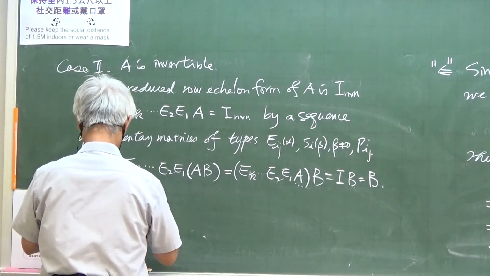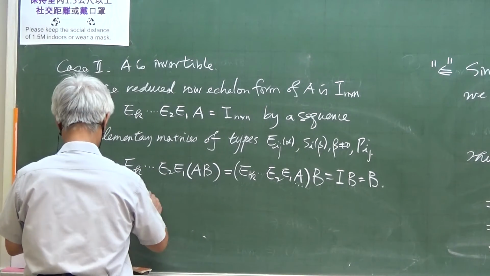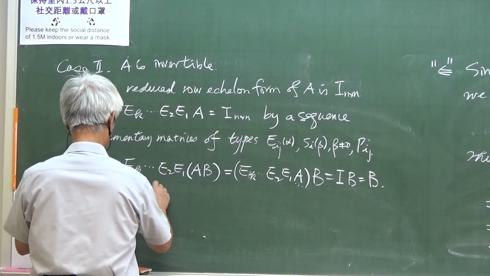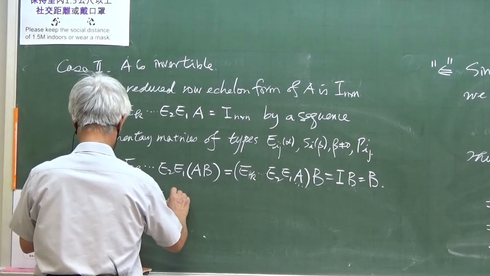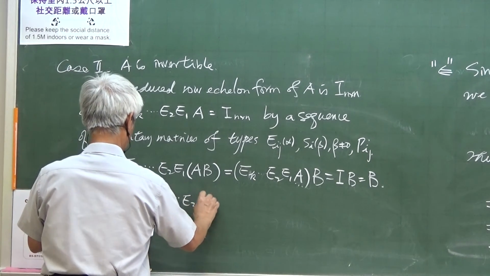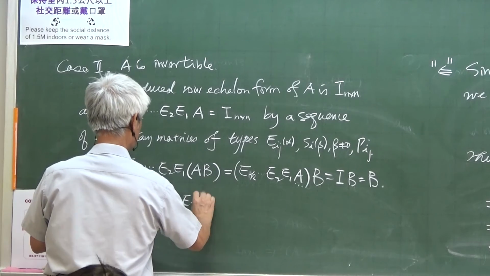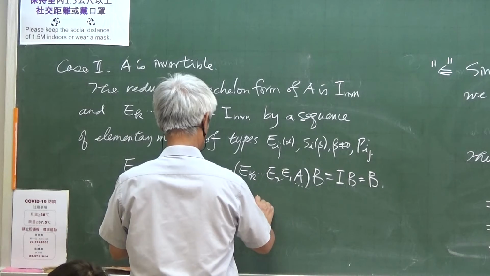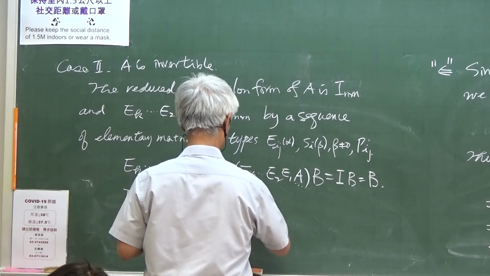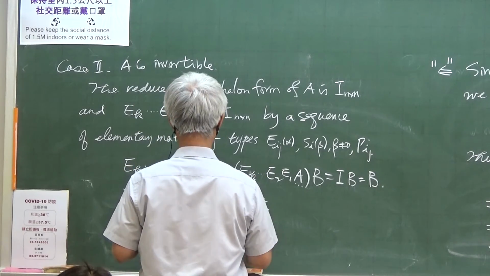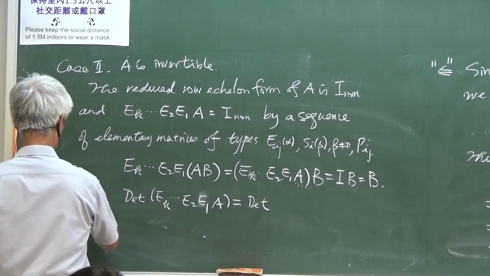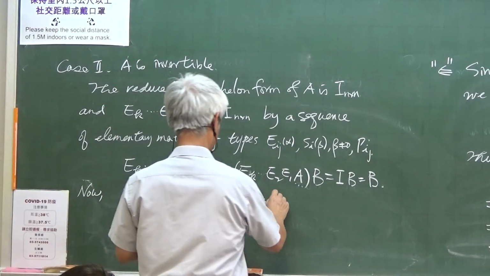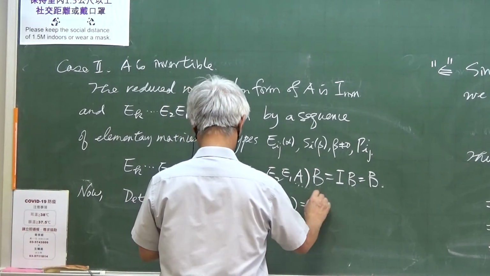Now, the determinant of Ek up to E2, E1, A is equal to the determinant of the identity, which is 1.